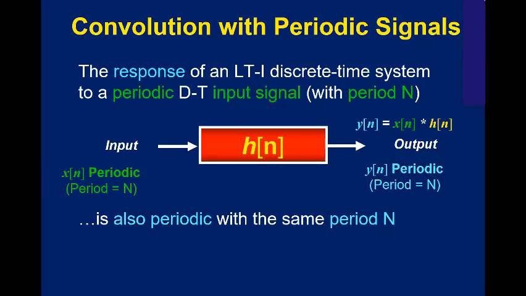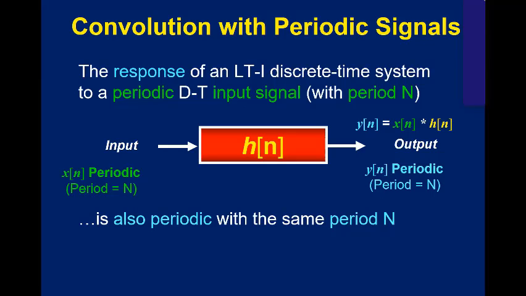Or another way of saying that, it has to have the same fundamental frequency as the signal coming in. Now, don't be confused. This is talking about putting a periodic discrete time signal into a discrete time system, and what comes out then has to be a periodic discrete time signal.